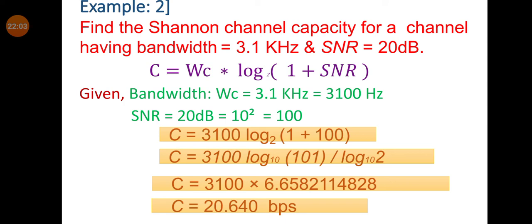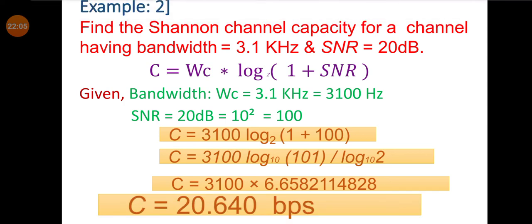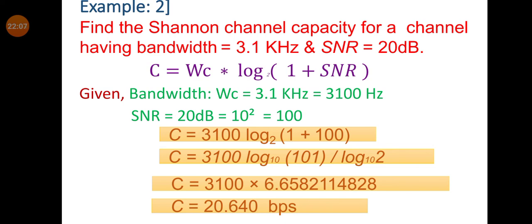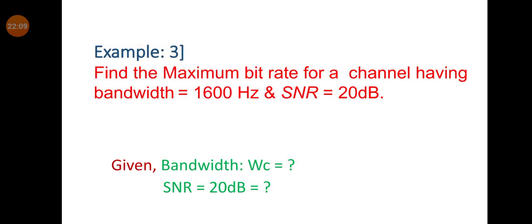Clear? So based on these two problems, you can easily solve the next problem. It is for your understanding purpose. So consider the third problem given on screen. Here you have to find the maximum bit rate. It is nothing but the channel capacity itself using the Shannon theorem, for a channel having bandwidth 1600 Hz and signal to noise ratio 20 dB.